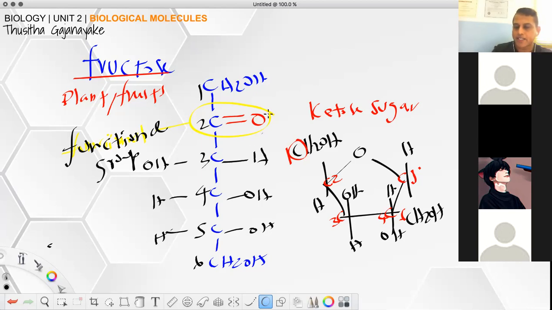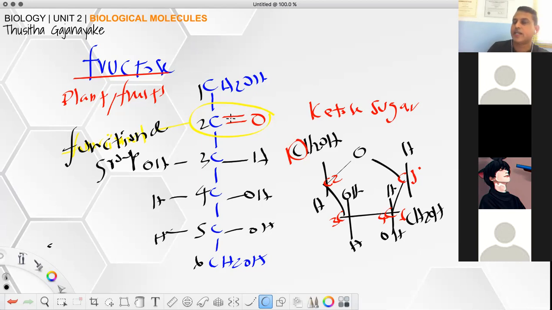So this group has reducing power, so we call it reducing sugars, because of this functional group. Glucose is a reducing sugar because it has this functional group. Fructose has a functional group. Fructose is a reducing sugar.